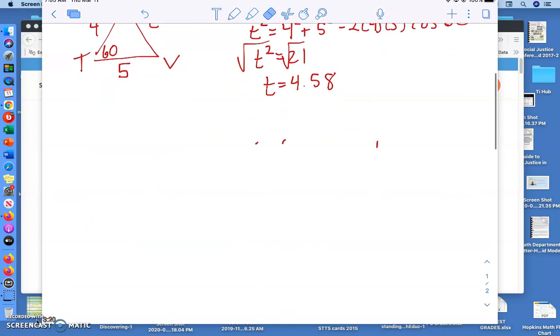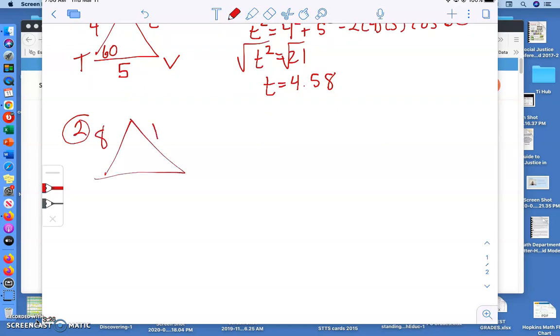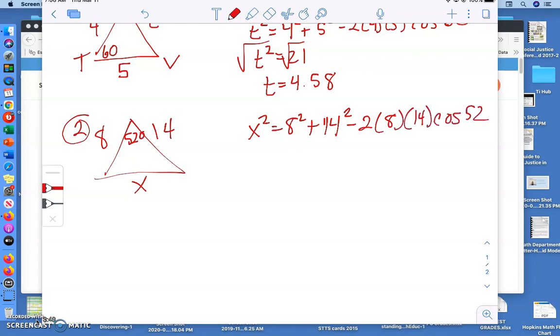So let's have you guys try one here. The next one I want you to try is, let's say you have 8, 14, and 52 degrees, and you need to find x. Pause the video and try this one. All right, so hopefully you set this up. X squared equals 8 squared plus 14 squared minus 2 times 8 times 14 times the cosine of 52.